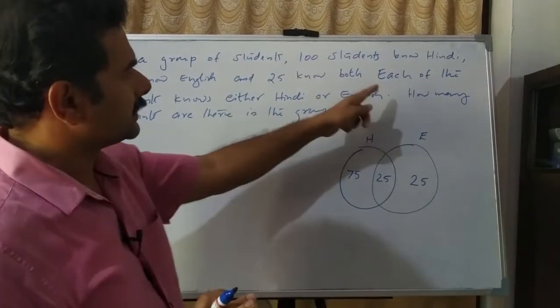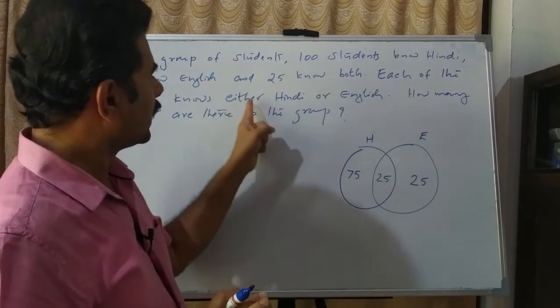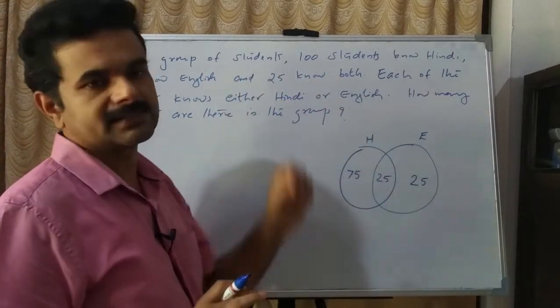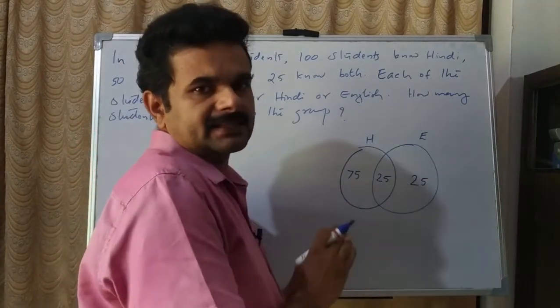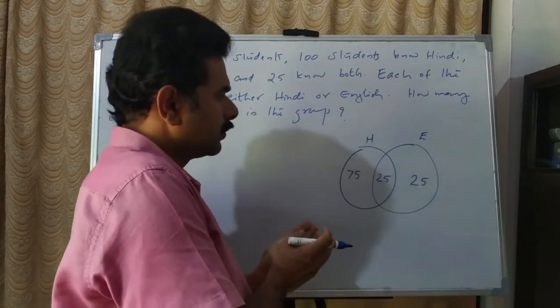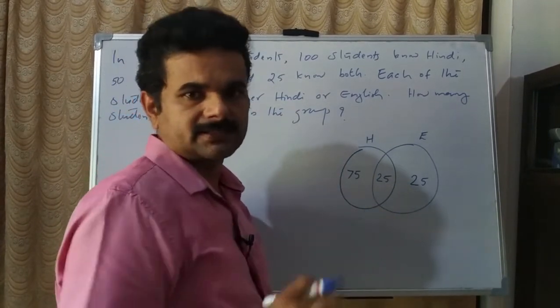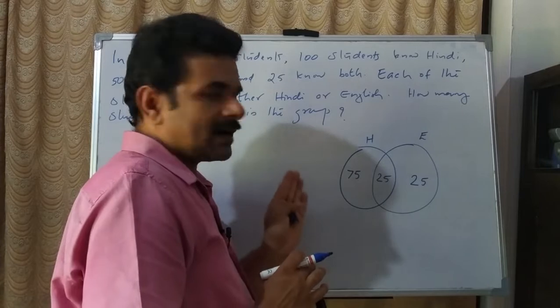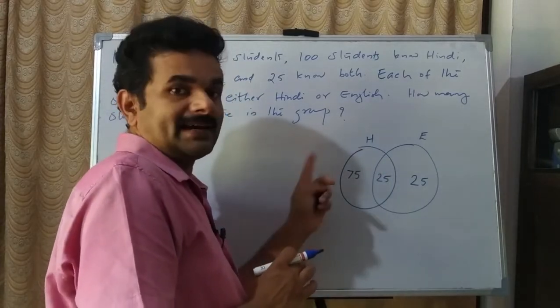But the question again says that each of the students knows either Hindi or English. Here we are considering the set of students who know either Hindi or English. So we can't see any other students who know any other languages.